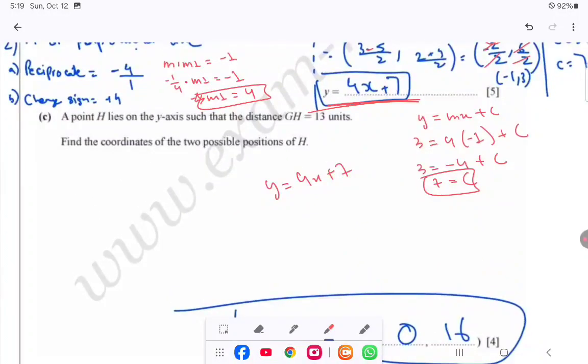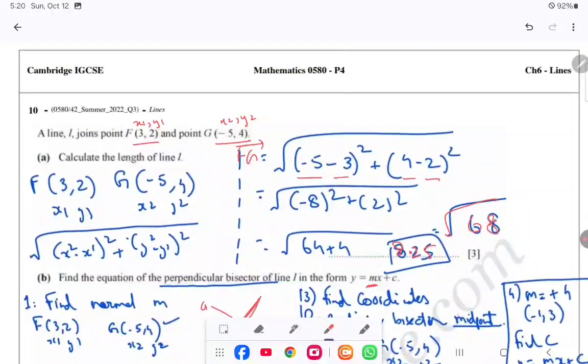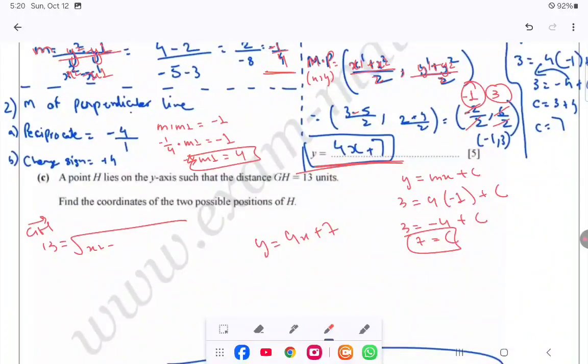Now, for that, we have to use the distance formula: 13 is equal to the square root of x2 minus x1 square plus y2 minus y1 square. The value of G is given as negative 5 comma 4. Now x2 and y2 we have to calculate.